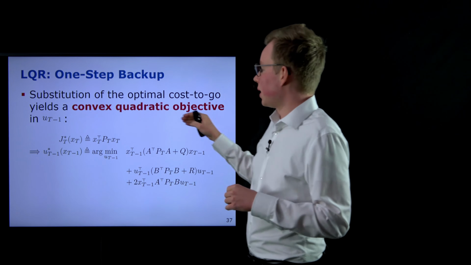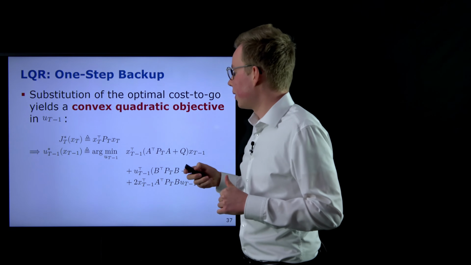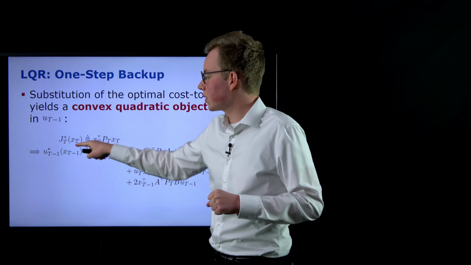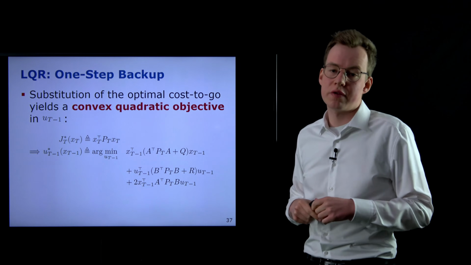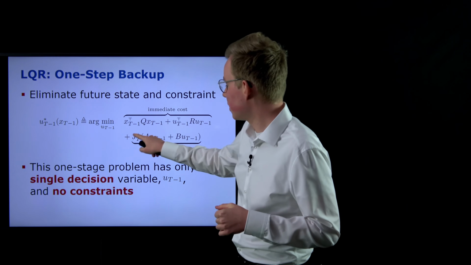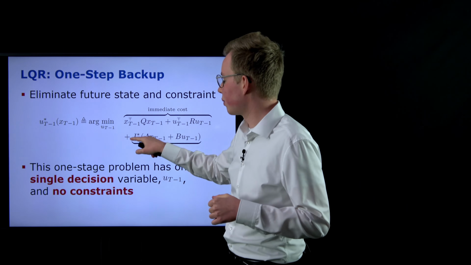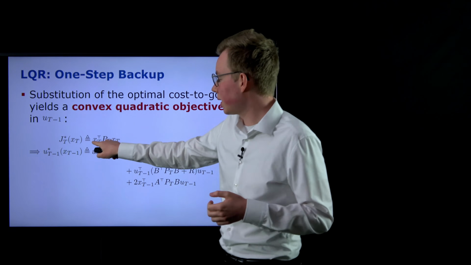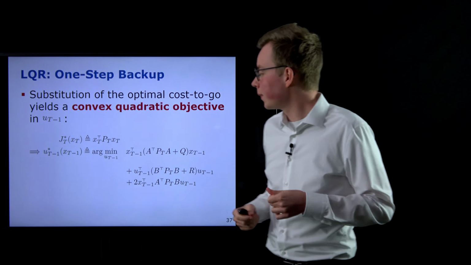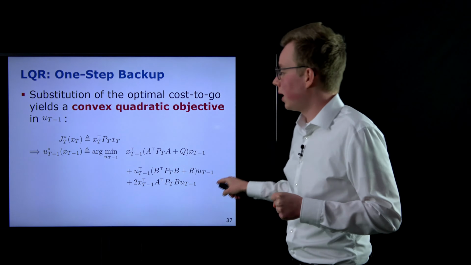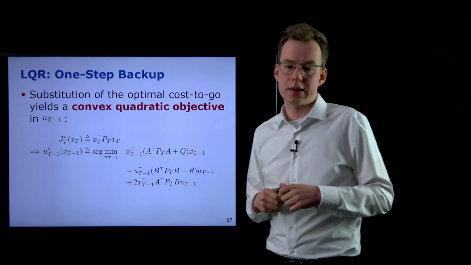And if we now substitute back, we already computed a closed form expression for the cost to go at the next time step, and so here we can plug this in. We can replace this function with this expression x transpose p x, and therefore we can write our optimization problem like this.